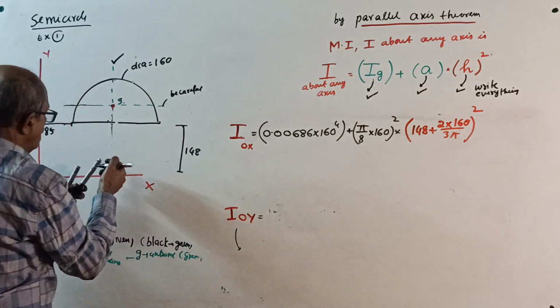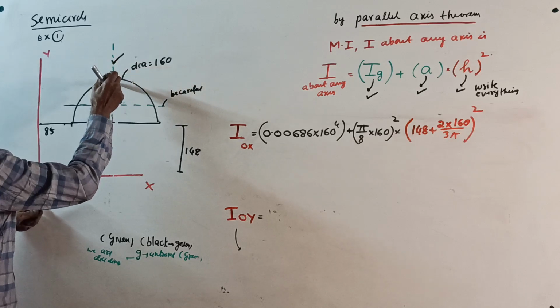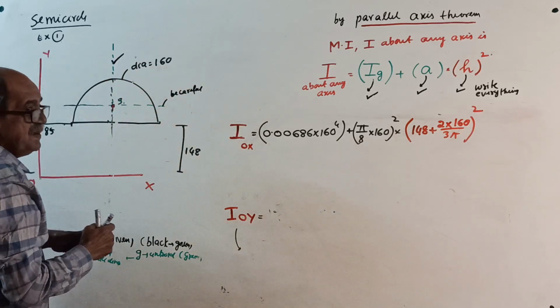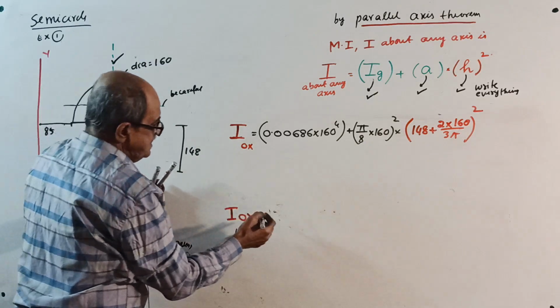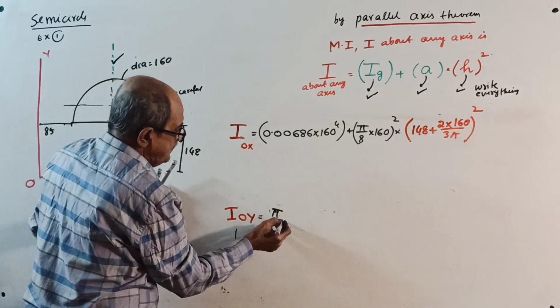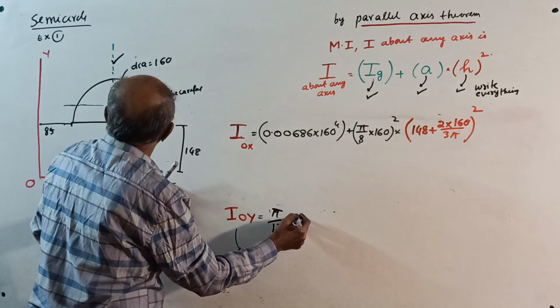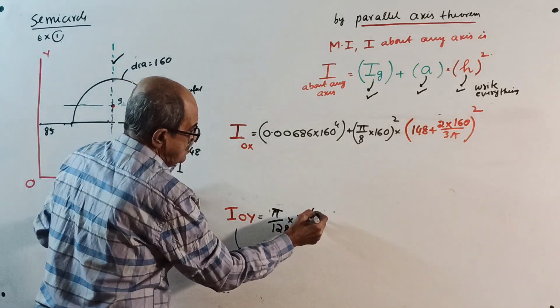Okay, I about OY. First about its own axis. This is the symmetry axis. So if symmetry is there, for a circle IG is pi by 64, for a semicircle it is pi by 128 into d power 4. This all told for you.